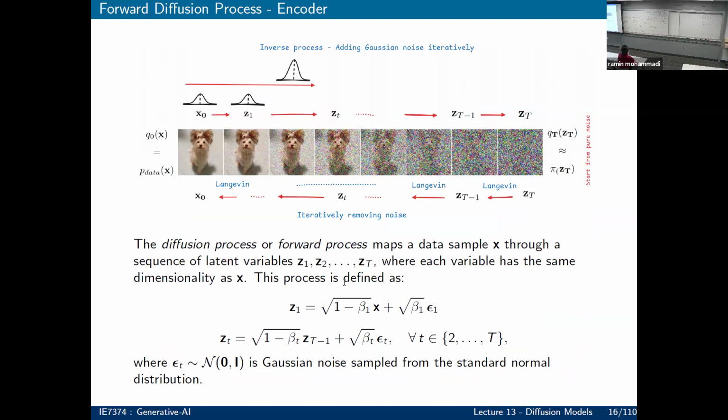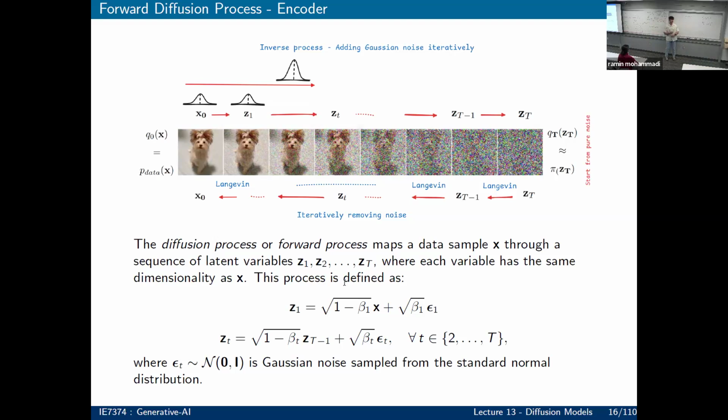In the reverse process, remember that in the last two classes we talked about Langevin dynamics, which is a kind of sampling process. Langevin dynamics says that if I have a data starting point drawn from some distribution, I go through a series of iterations to change this data. You can use it forward, where you add noise, or in reverse, where you subtract noise.